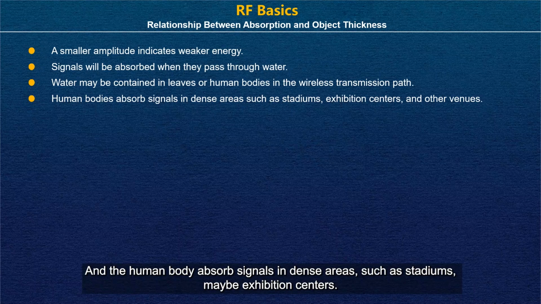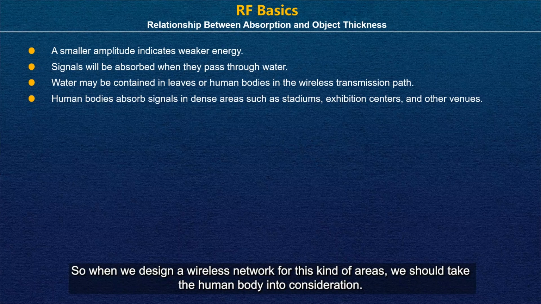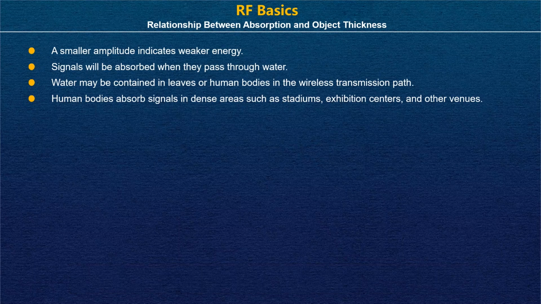And the human body absorbs signals in dense areas such as stadiums, exhibition centers. So when we design a wireless network for this kind of areas, we should take the human body into consideration.